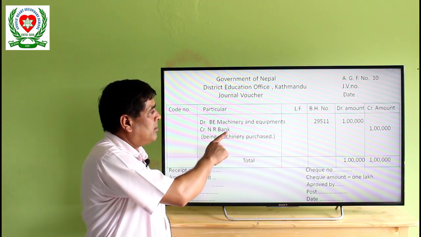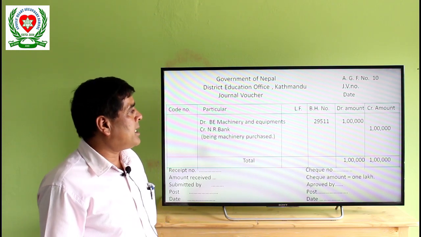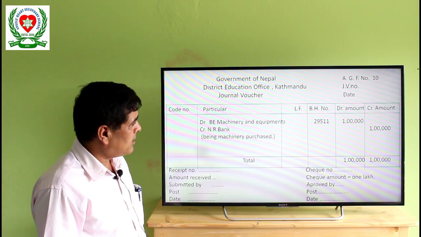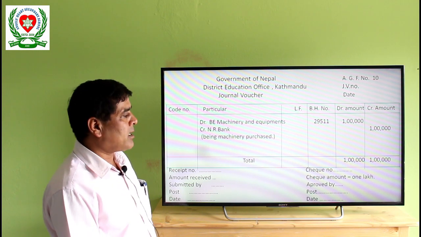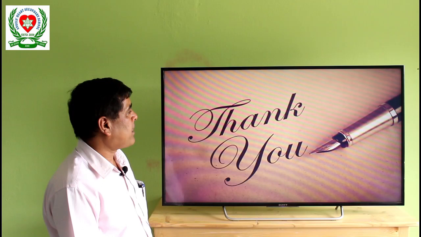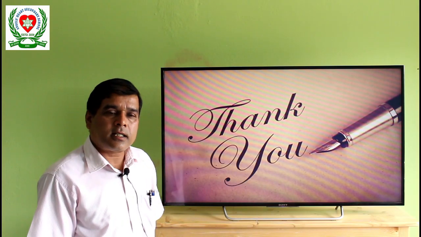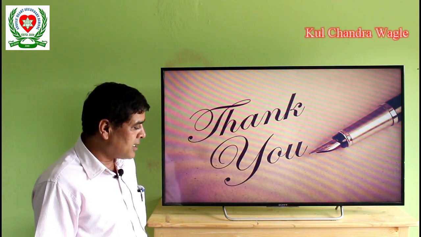Debit B machinery and equipments, credit NR Bank, BS number for machineries 29511, and the total amount should be equal on both sides, check amount 1 lakh, it is written. In this way, we can prepare the journal voucher. It is the example solution of the journal voucher.